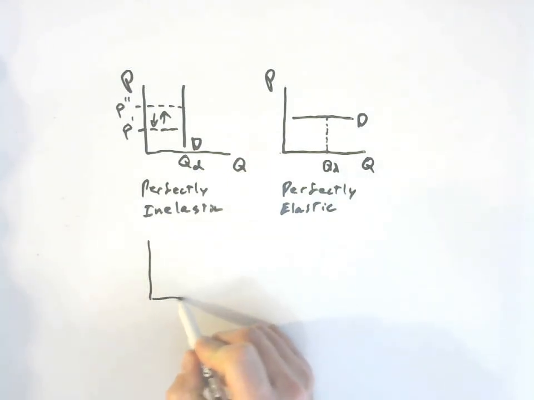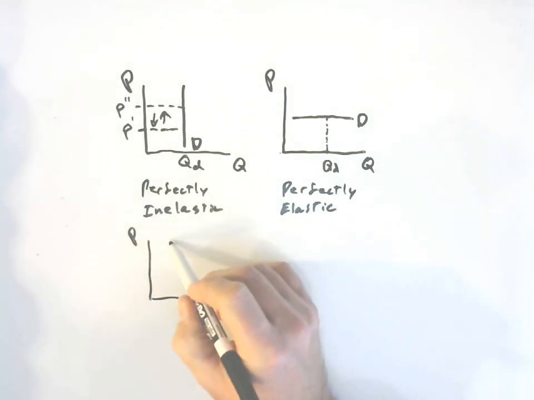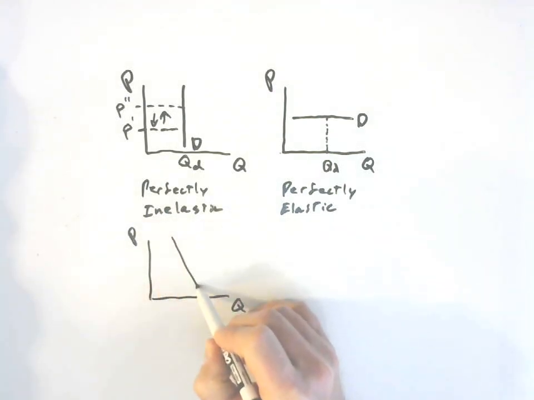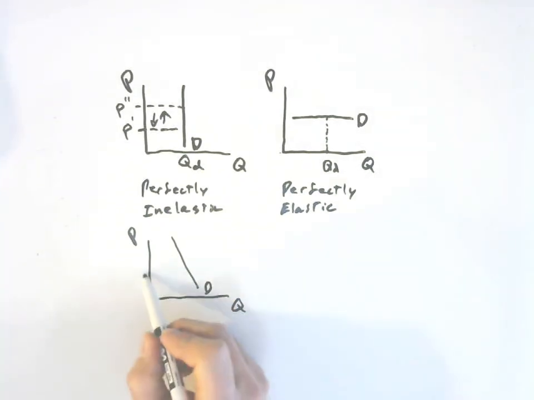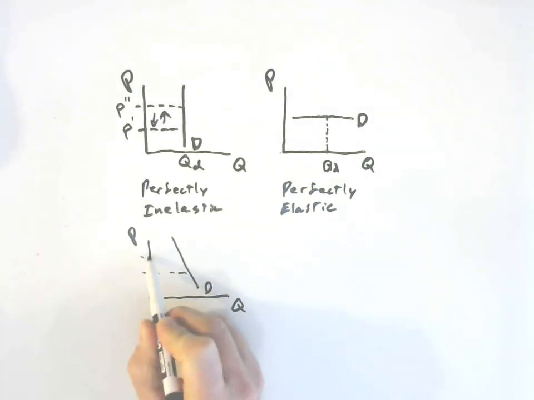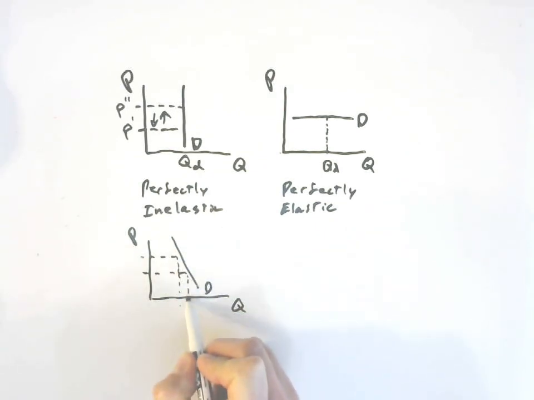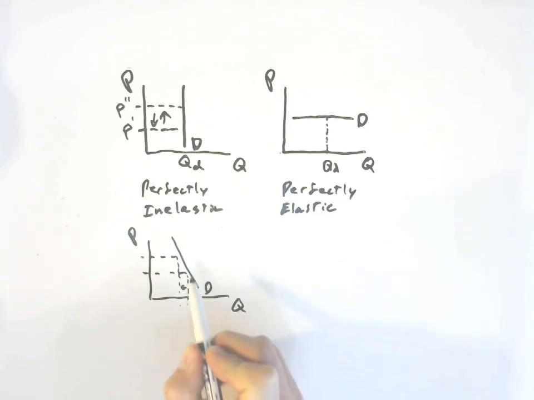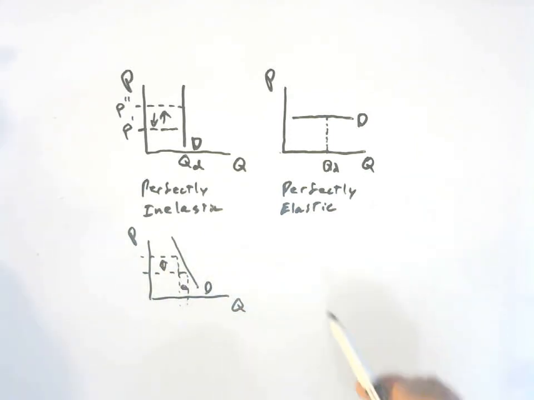We have the less extreme positions of demand. Okay, so we have a relatively steep demand curve where if I change the price by some amount, I get a relatively small fall or increase in quantity demanded.